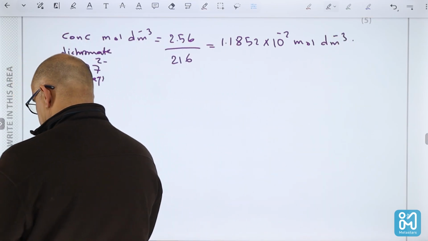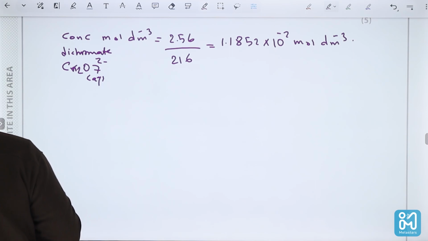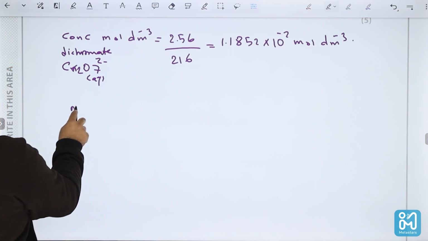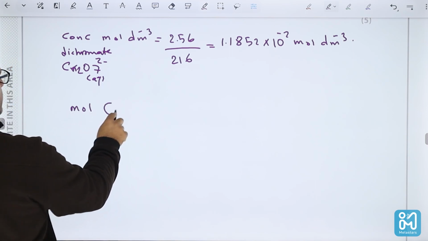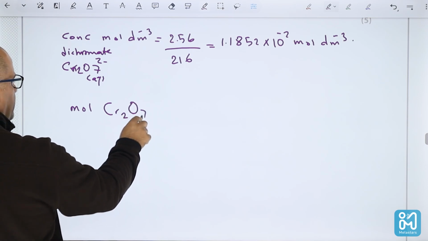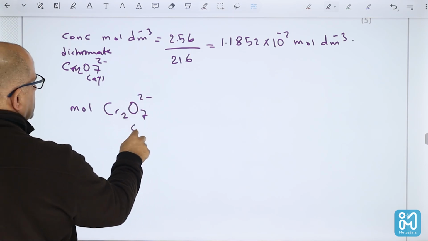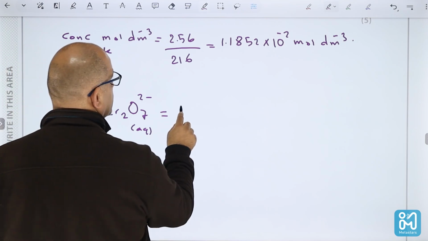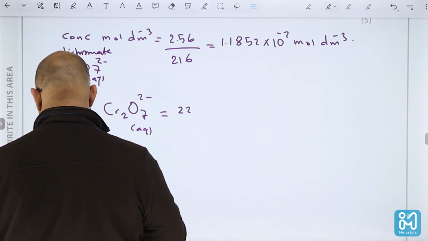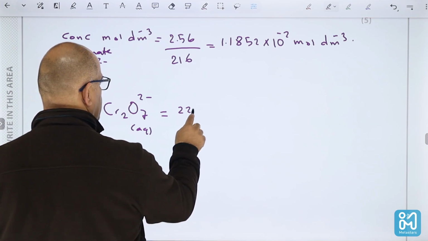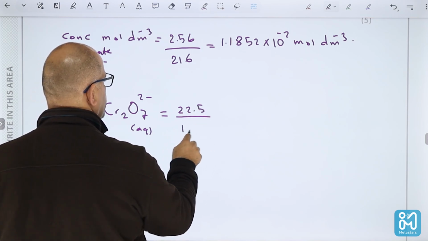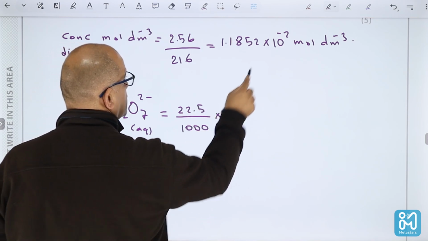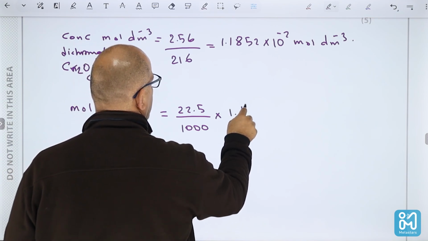Now, the moles of Cr2O7, the dichromate solution, equal the volume, which is 22.55 over 1,000, times the concentration that we found.